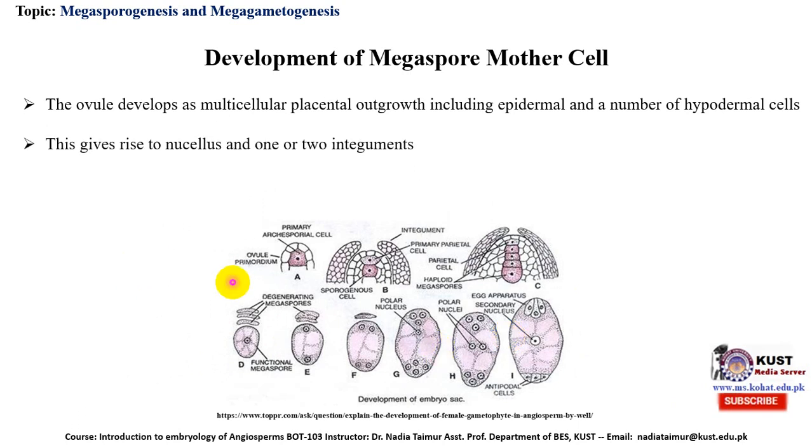So when ovule primordium develops, it develops as a multicellular placental outgrowth including epidermal and a number of hypodermal cells. The development of ovule gave rise to nucellus and to integuments, as can be seen here and here.